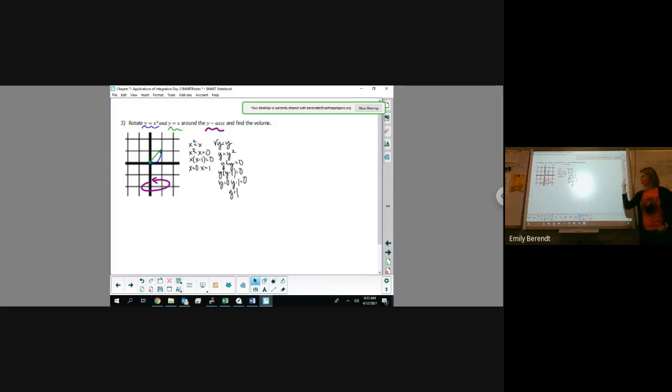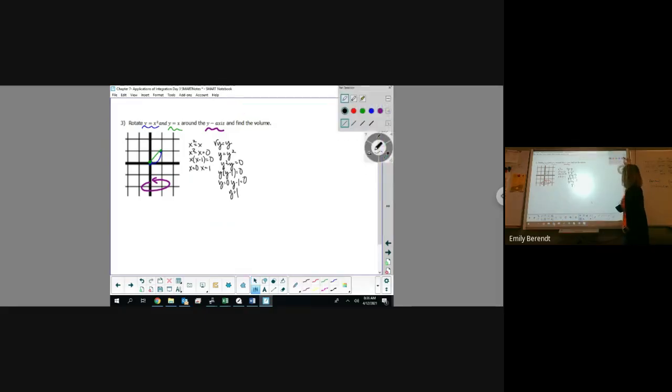Alrighty, now we're going to go around the y-axis. Make sure you actually go around the y-axis. And I say that for myself, so I don't forget. Purple. So when you revolve it, it looks like a piranha plant, like those things on Mario.